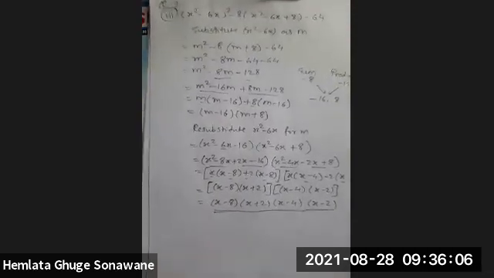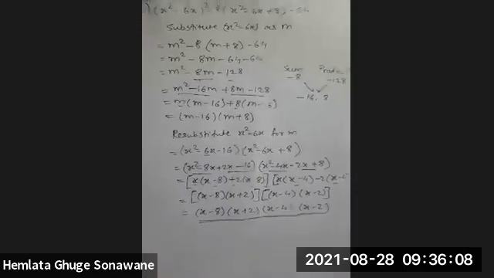We'll take the next example, that is the fourth one of question number 2. Fifth, sixth, and seventh are omitted from your syllabus. You can practice those sums.